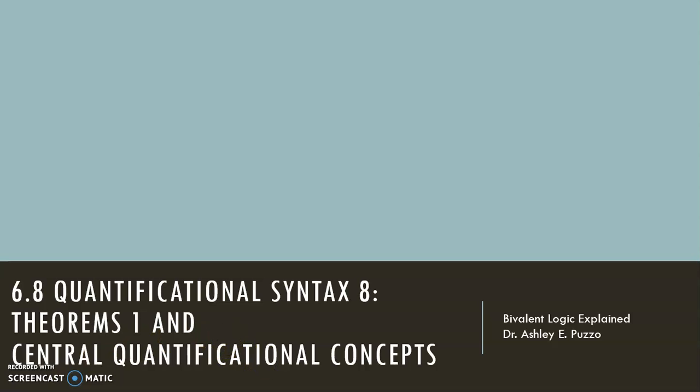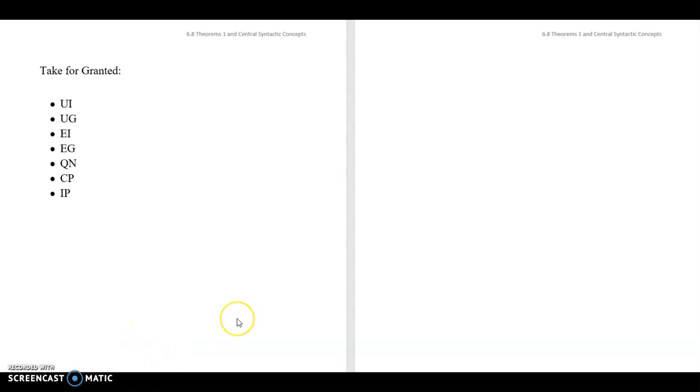Alright, let's rock. Before we can really get into proving theorems, which is what we really want to do syntactically, we should just note a few things that we take for granted at this point. We're going to take for granted that you understand universal instantiation, universal generalization, existential instantiation, existential generalization, quantifier negation, conditional proof, and indirect proof.